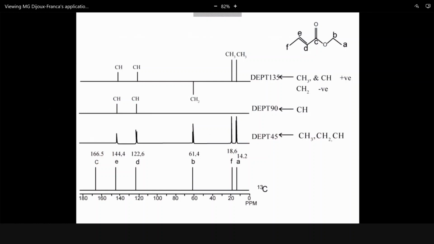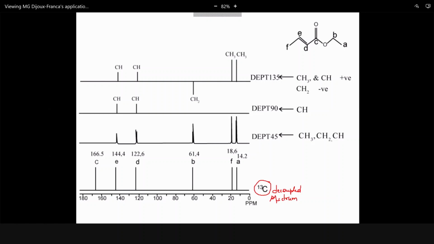So for example, for this other molecule, we start here with the carbon-13 spectrum, decoupled, I repeat, decoupled spectrum. So for each carbon, I have one singlet, one signal.